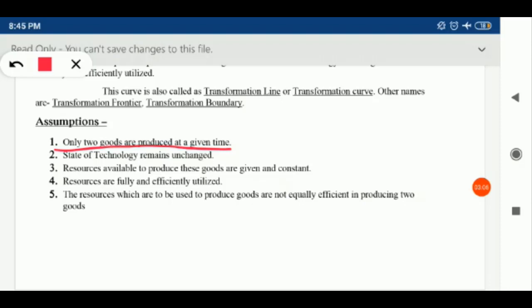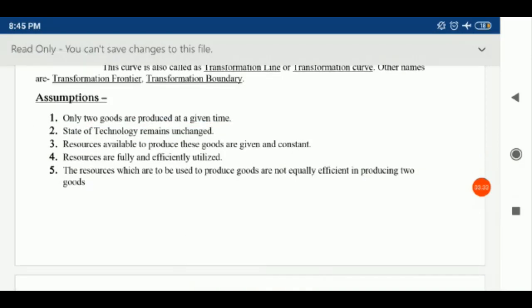Second assumption is that the state of technology remains unchanged. That means whatever technology we are using in the production time would remain constant throughout the production process. We cannot increase the improved technology, or we cannot decrease it even. So whatever technology we are using, we will use the same technology throughout the production process.